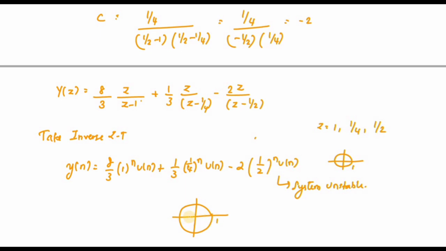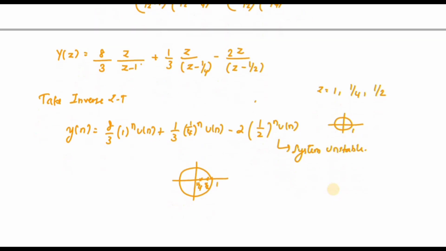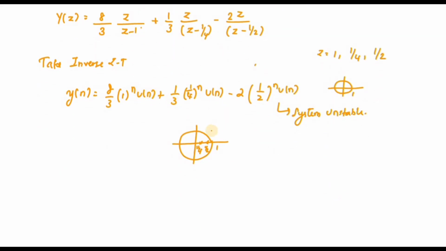So here I can take 1 by 2 and 1 by 4. Though 1 by 4 and 1 by 2 are present inside the unit circle, 1 is not present inside the unit circle. So the system is unstable. Similarly, 1 is the maximum value, so the region of convergence is like this, after 1, right? So this system is a causal system.